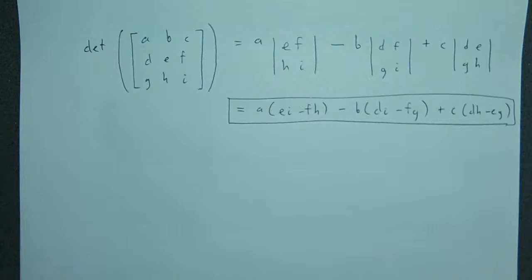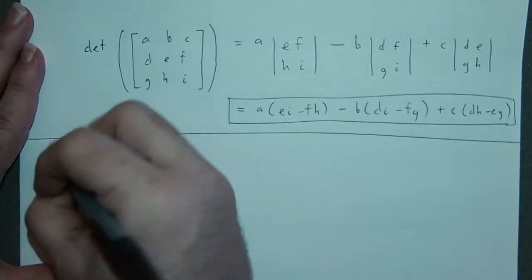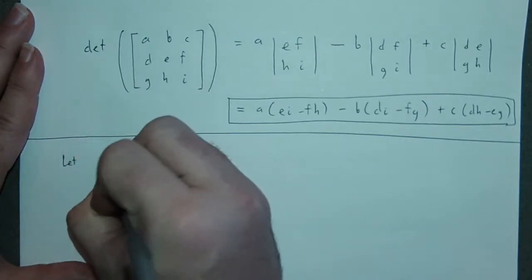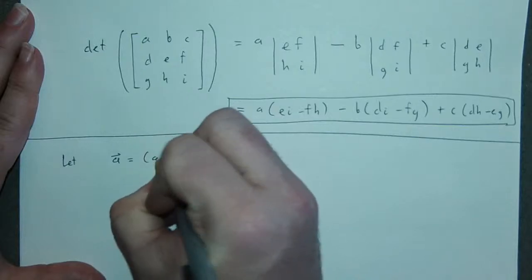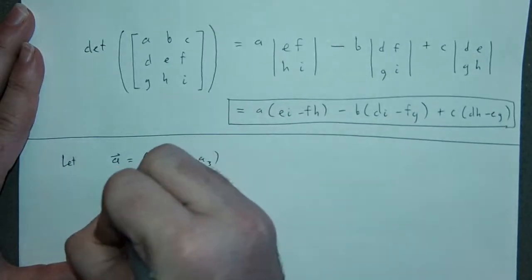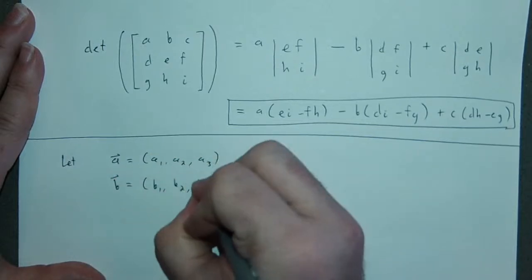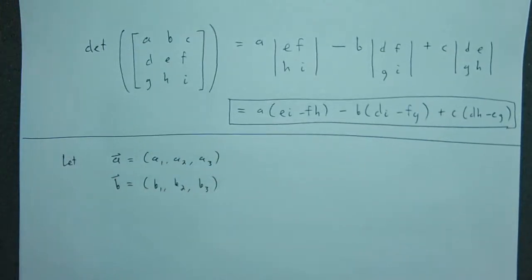Okay, and so how does this relate to the cross product? So now, let's see how we use this to define the cross product. Okay, so let A be the vector A1, A2, A3. And let B be the vector B1, B2, B3.